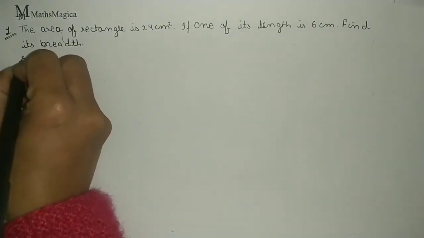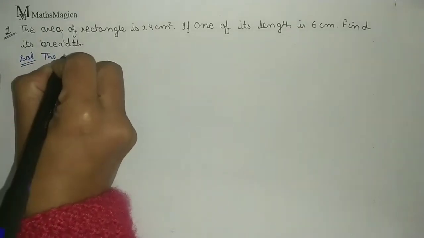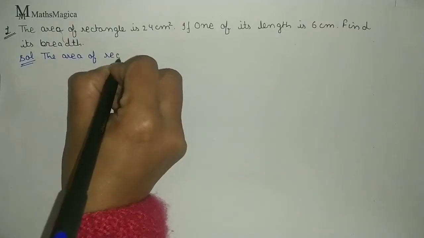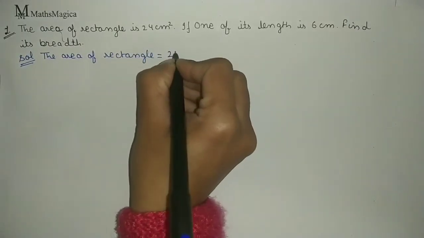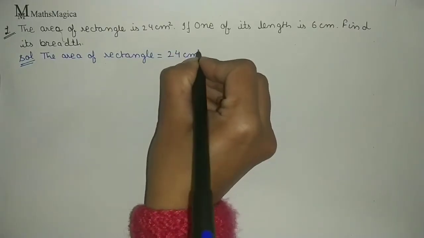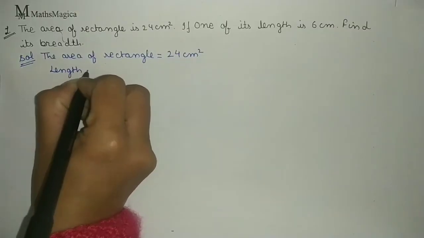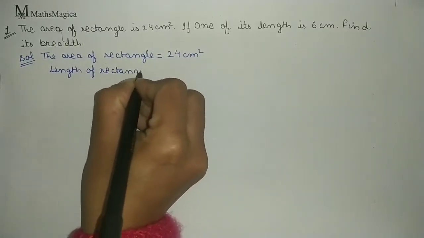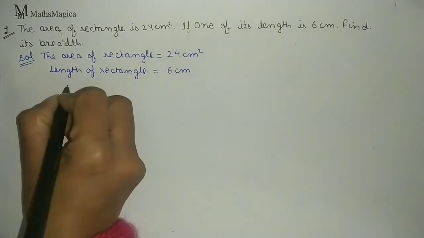Solution is, the area of rectangle is equal to 24 cm square. Length of rectangle is equal to 6 cm. Find its breadth.